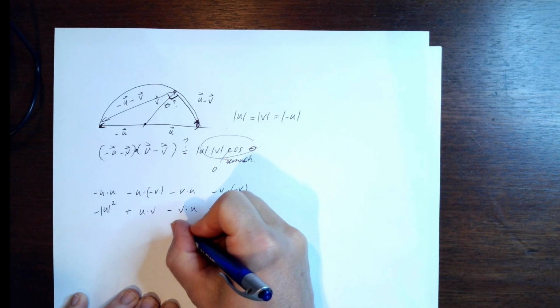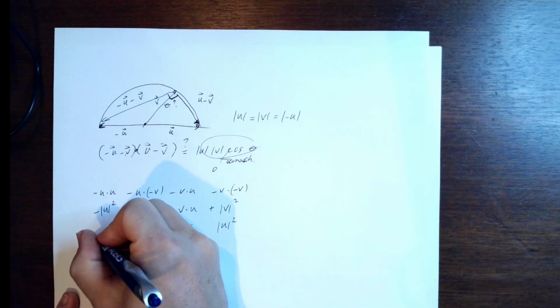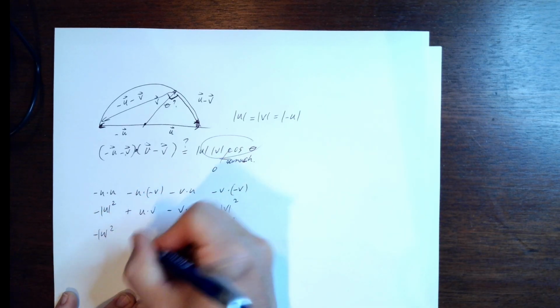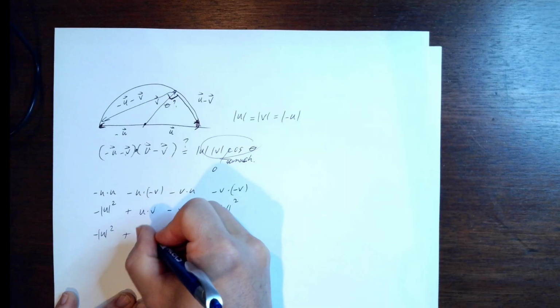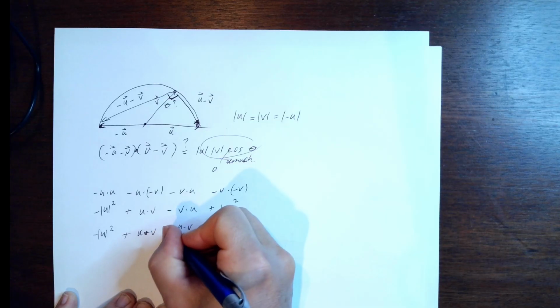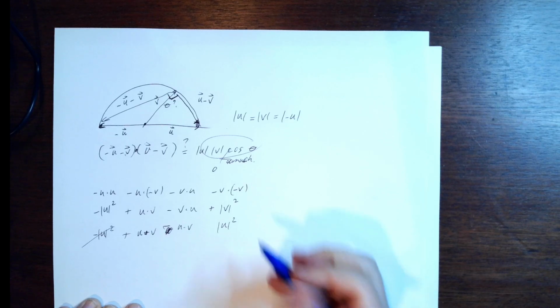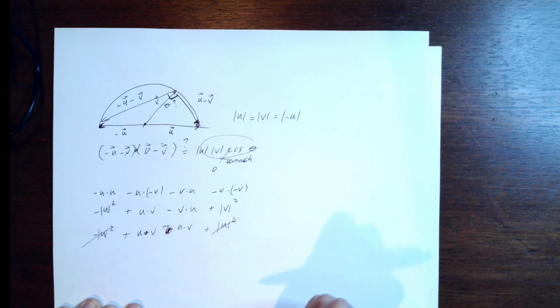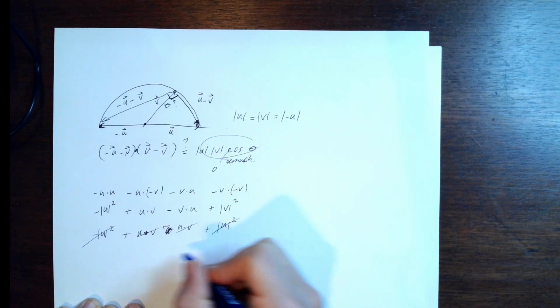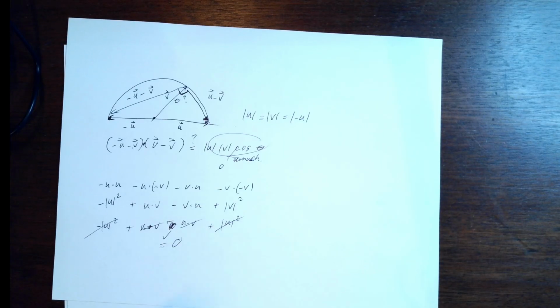They're symmetric, so this could just as readily be rewritten as u dot v. Copy these 2 guys down. And what do we got? We've got this first term cancels this term, and the middle 2 terms cancel each other, and we do in fact get a 0. So we've proven that.